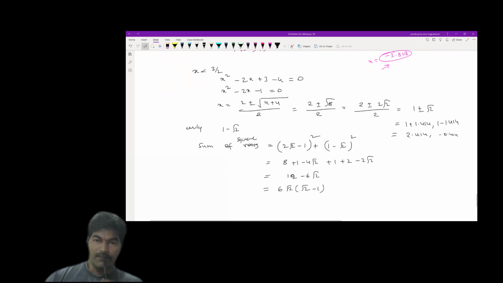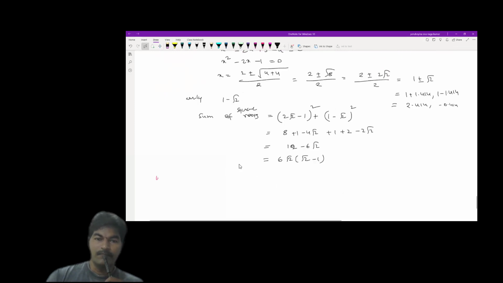Next, the product of all rational roots of the equation x square minus 9x plus 11 whole square minus x minus 4 multiplied by x minus 5 equal to 3.